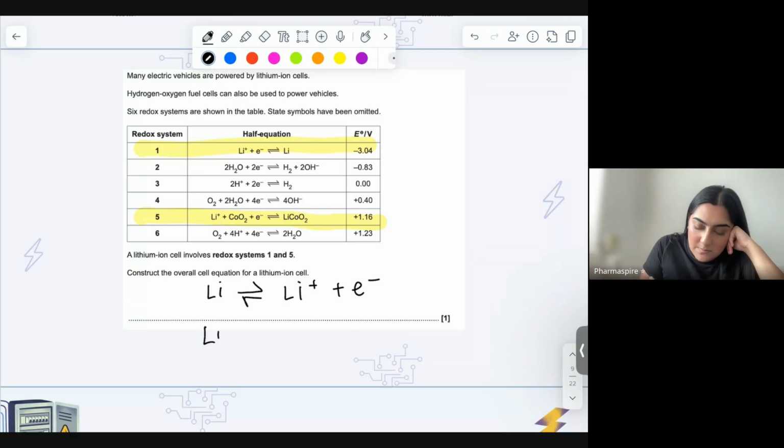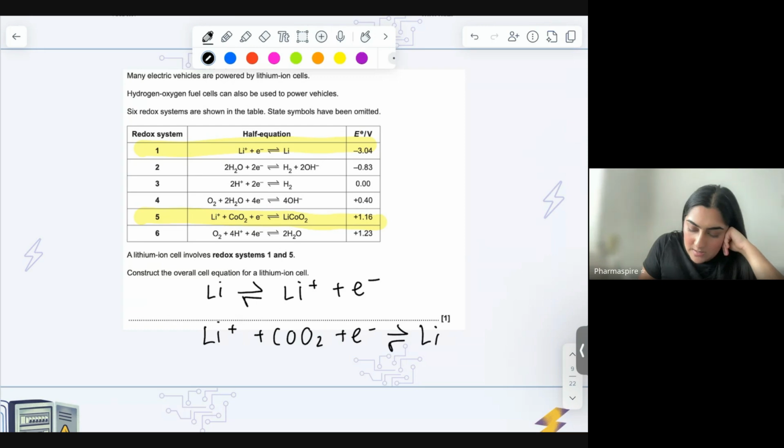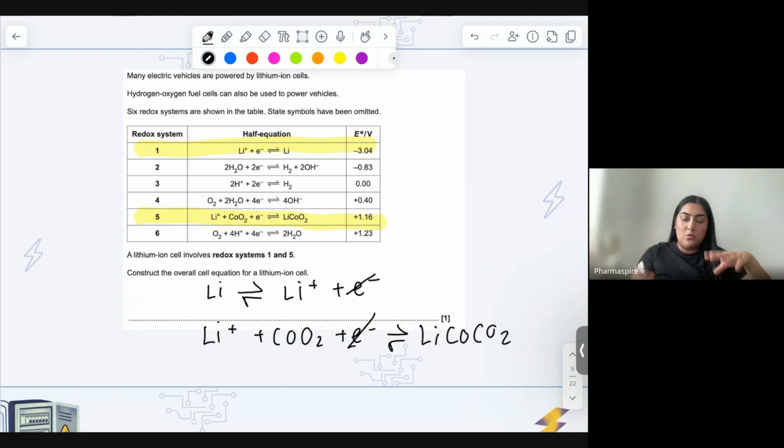Now, this is the main issue. If you have CoO2 plus e- gives you LiCoO2, we have to figure out which cancel. You follow the forward reaction. What's going to happen with this? I've got an Li and an Li. What do you think is going to happen with them if I've got two of the same thing?